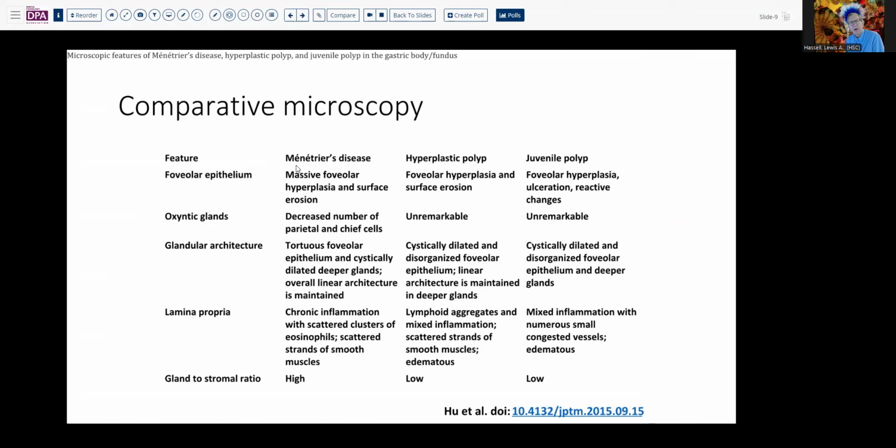And this would be more directed towards kind of biopsy pathology, if you will. Noting here that with Menetrier's disease, you should see some degree of atrophy of the parietal and chief cells proportionately, but with hyperplastic polyps and juvenile polyps, you won't see that.